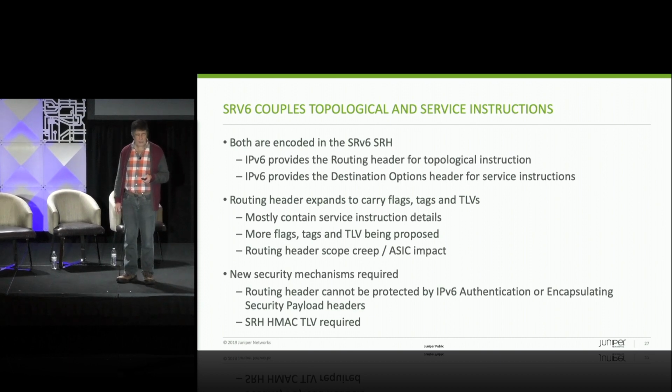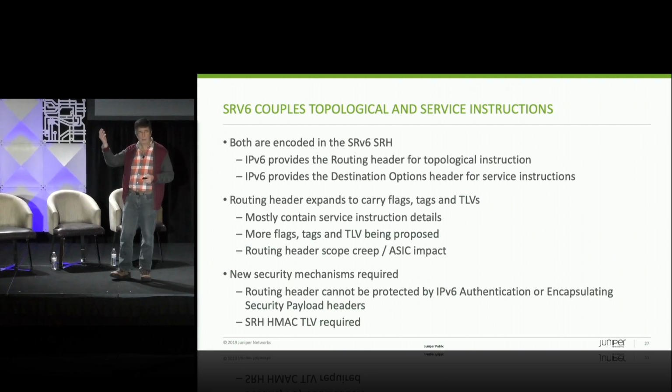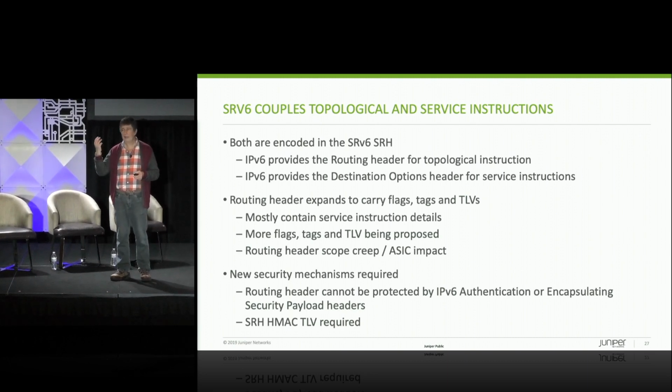The next issue is SRv6 couples topological and service instructions. You remember in SRv6+, we put topological instructions in a FIB, and that FIB is referenced with a routing header. So the routing header does nothing but traffic engineering.